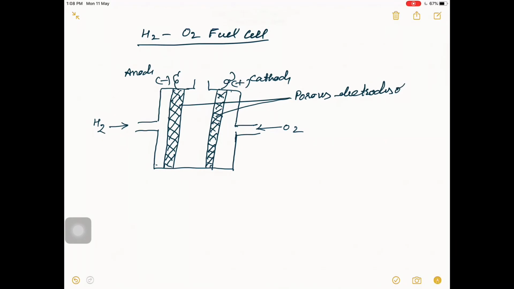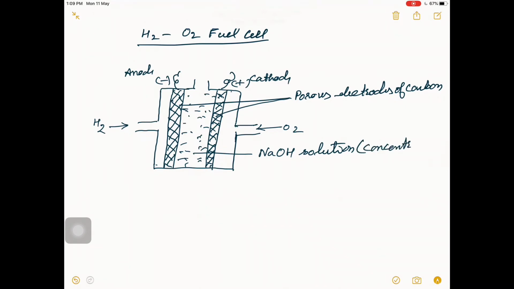These are porous electrodes made up of carbon, and in the middle portion there is concentrated NaOH solution. So when hydrogen is passed at the anode and oxygen is passed at the cathode, these react in the presence of NaOH.